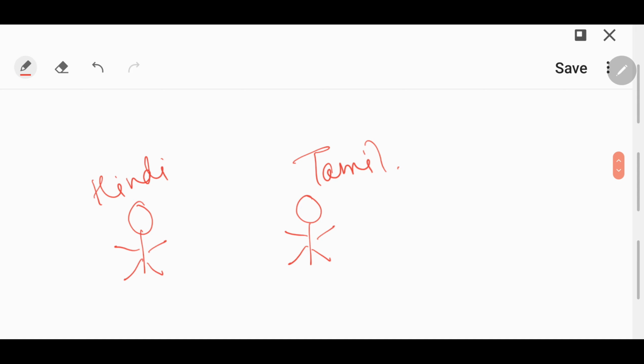Your friend does not understand Hindi and you do not understand Tamil. So you can bring a third person who will do the work of translator. Now how can the translation happen? If you say "mera naam Raj hai", he will not translate it to Tamil letter by letter. He will first wait for you to complete the entire sentence and then translate it to your friend.